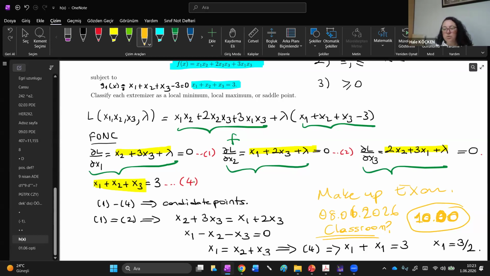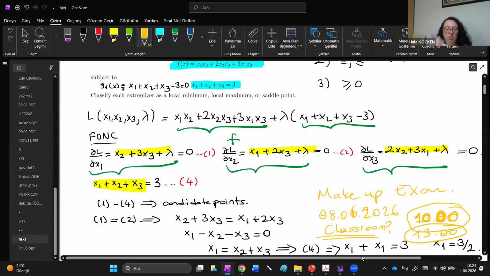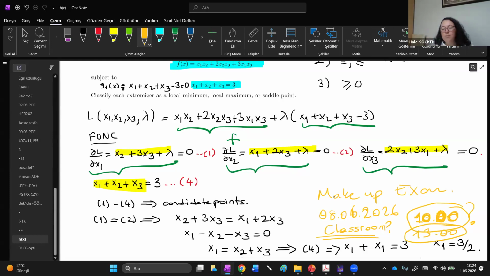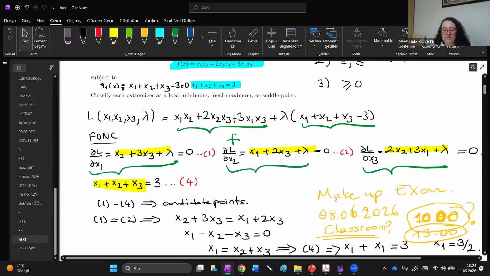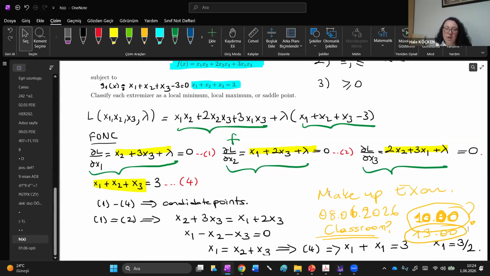If we are crowded, we need to do something. Maybe if I can't find any classroom, then our exam, our midterm exam, can be at 1. I don't know the hour, okay? I will inform you. But your makeup exam will be next Monday. So the term is over.